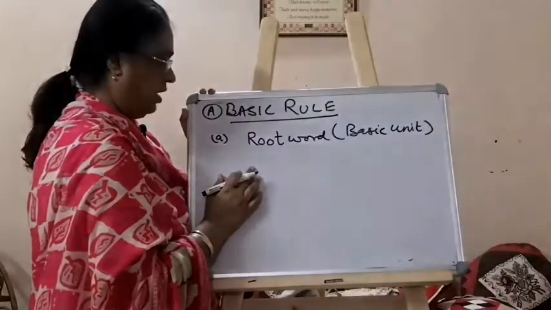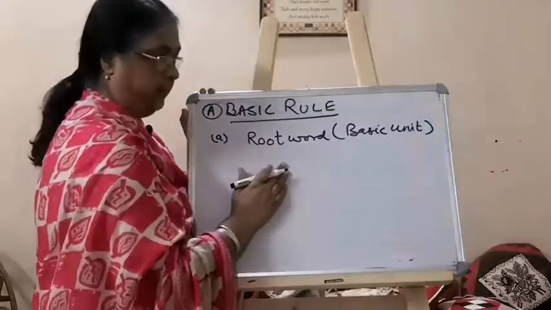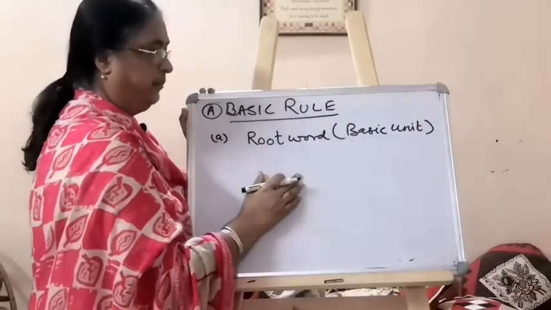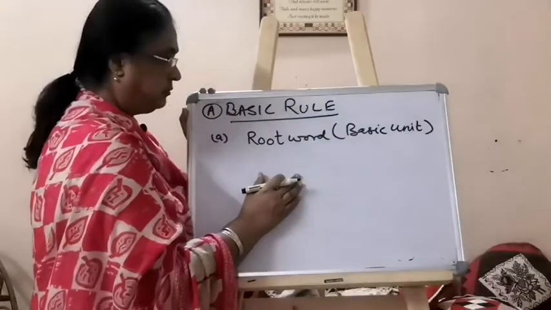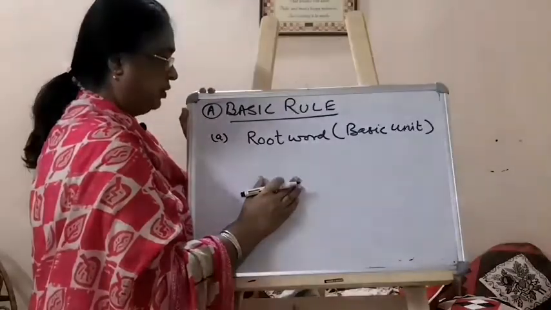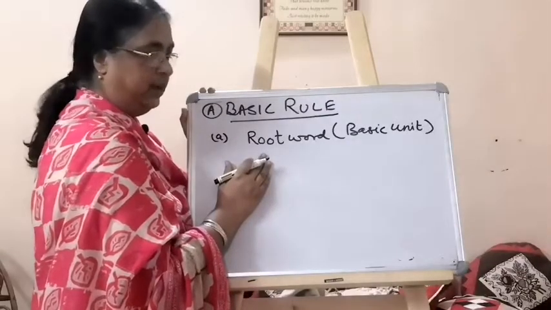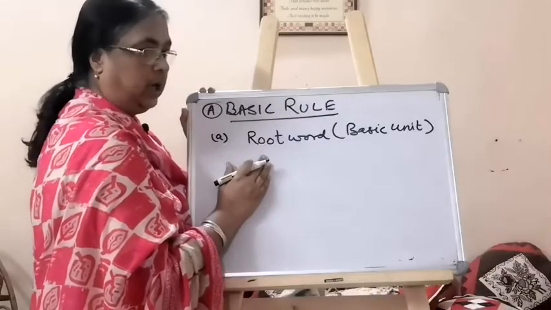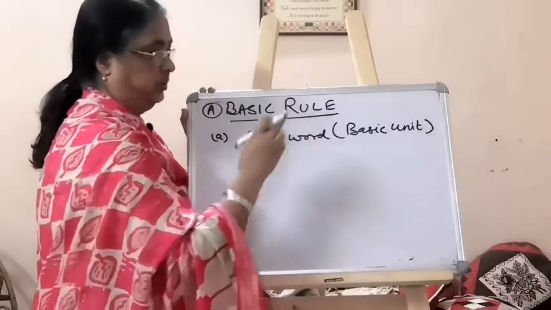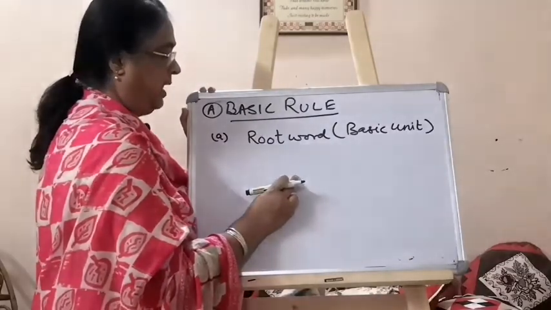atoms in the chain. This nomenclature we are doing for acyclic compounds which have an open chain and are aliphatic in nature, not aromatic. So the root word depends upon the number of carbon atoms. How many carbon atoms are present in continuation? One carbon should be bonded with another carbon atom.